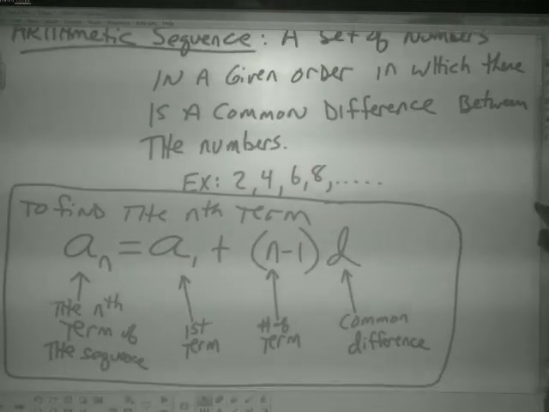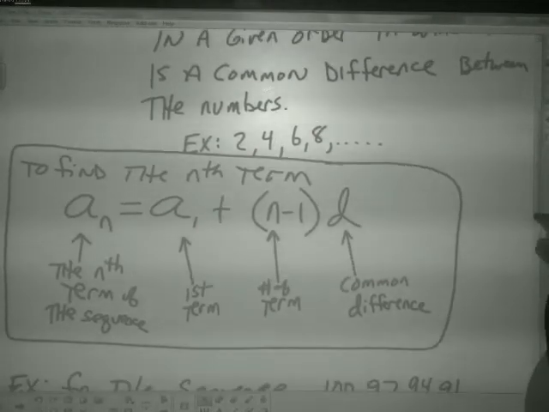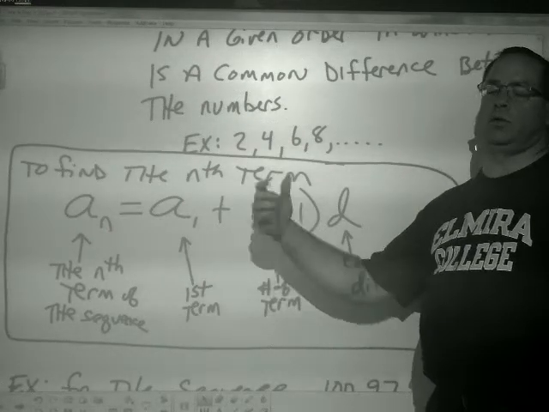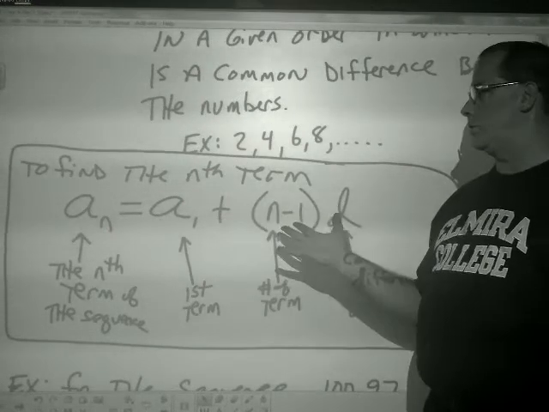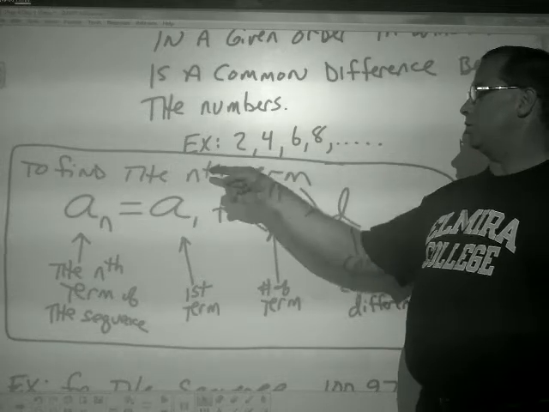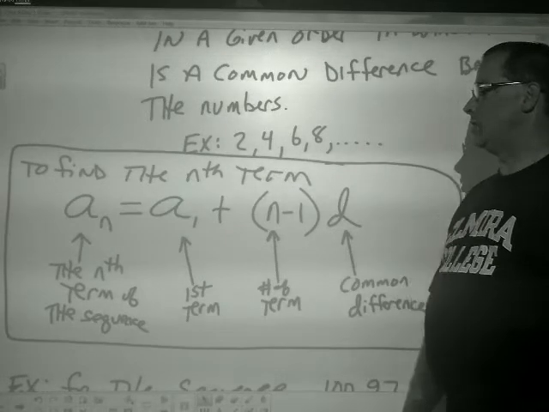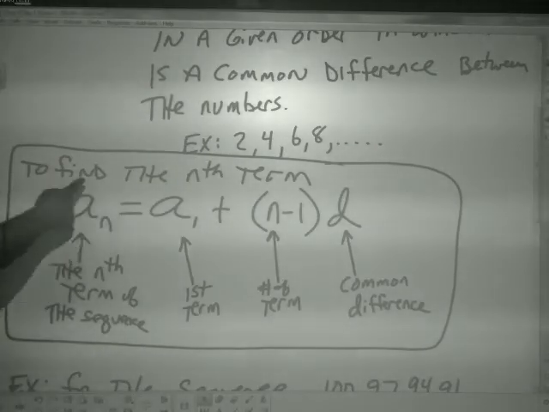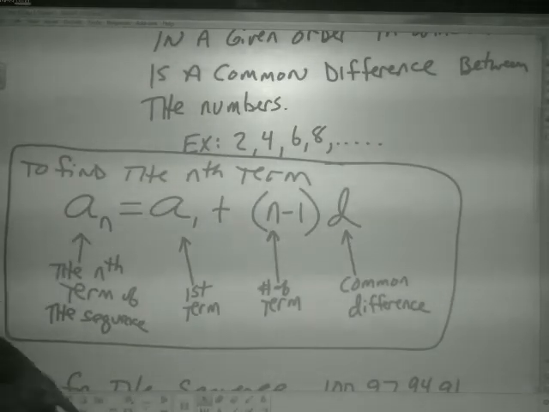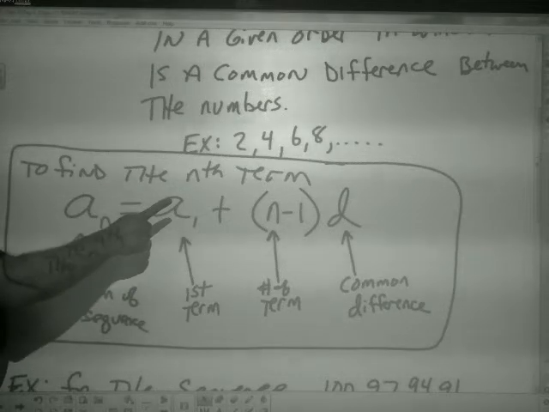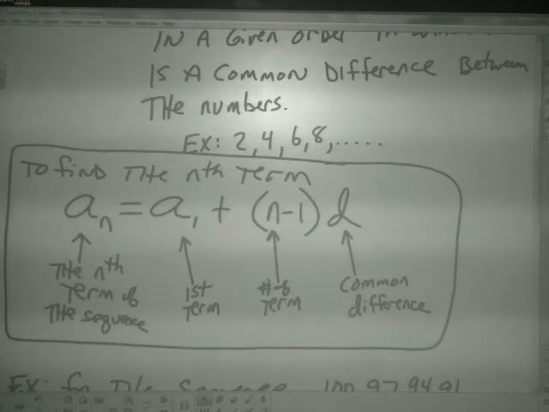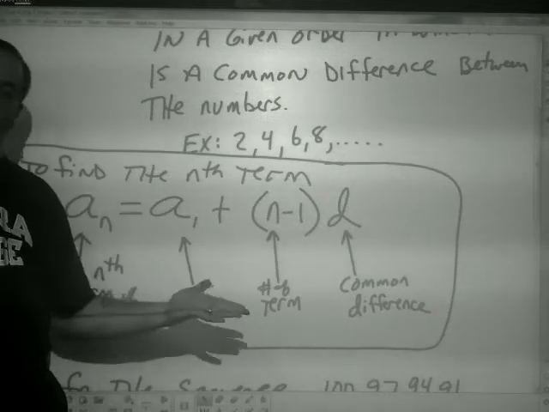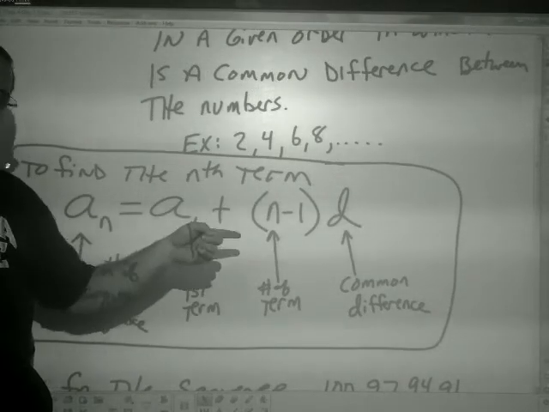All right. So sometimes they'll say find a certain term, find the 10th term, the 12th term, the 3rd term, the 5th term. To find the nth term of a sequence, you need to know a few things. You need to know the first term. You need to know what number term they want. So if they say find the 4th term, then n would be 4.